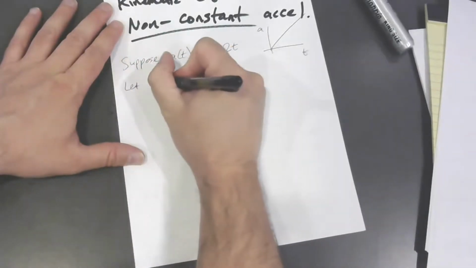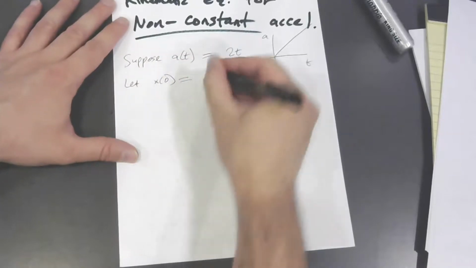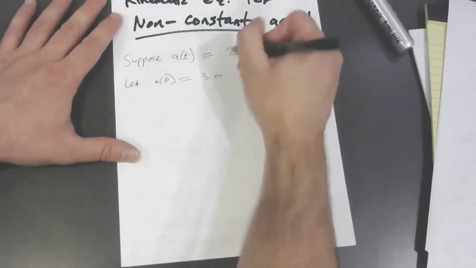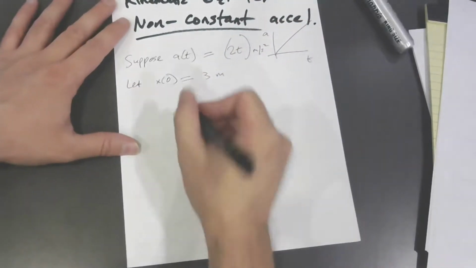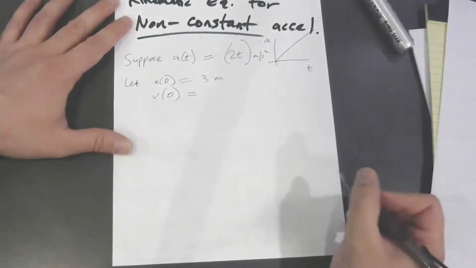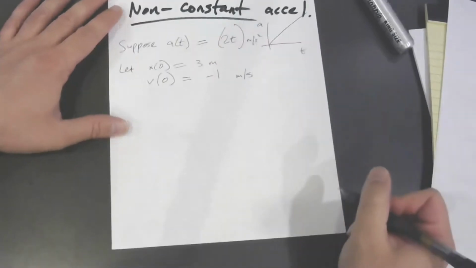And let's let the position at time 0 equal, I don't know, maybe you start out at 3 meters. And let me add some units here. This would be meters per second. And maybe your velocity at time 0 is, maybe you were headed to the left at -1 meter per second.